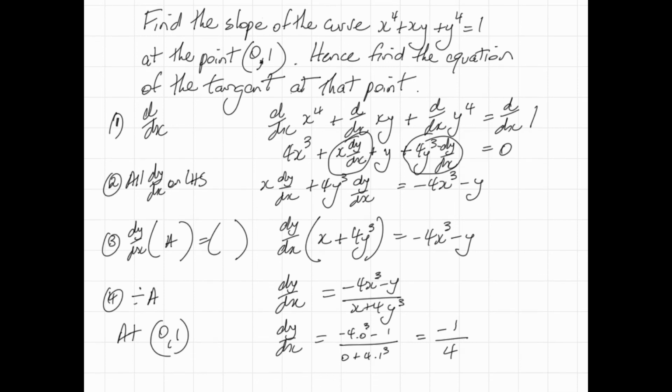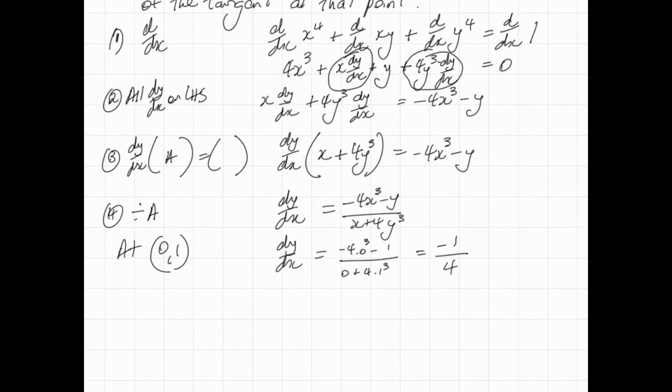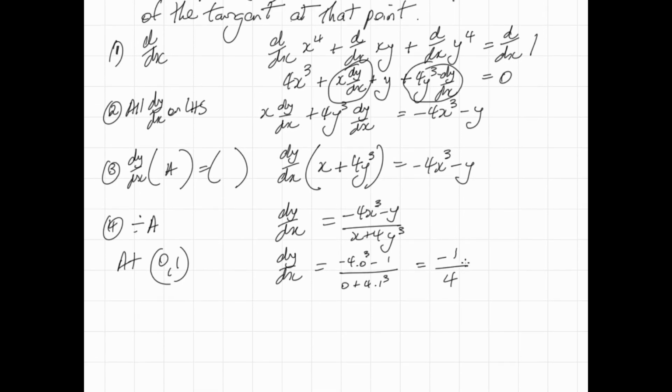Now we're asked to find the equation of the tangent. Given that you have the gradient, that's my m, and we've got a point on the curve, (0, 1), which is (x1, y1). From memory, you should recall that the equation of a line that passes through (x1, y1) is y minus y1 equals m times (x minus x1).